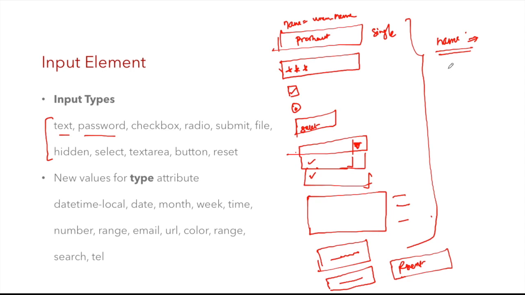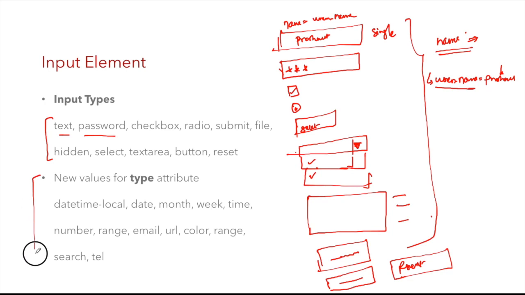The information that will be sent to the server would be user_name=Prashant. So this name technically acts as a variable name and can be consumed by the server. In order to retrieve this information, you'll require this name.